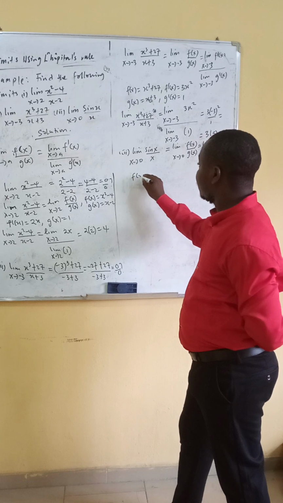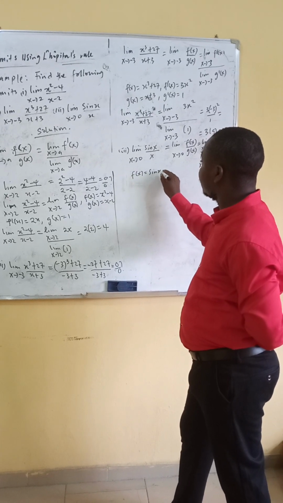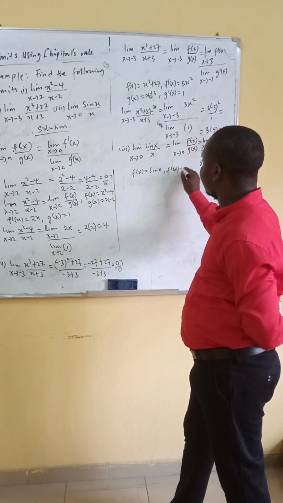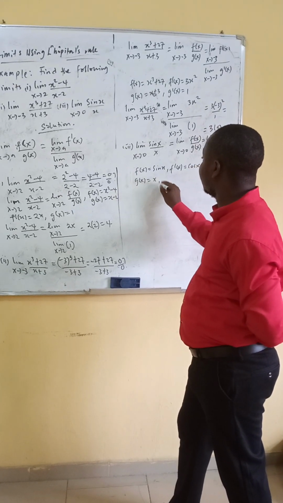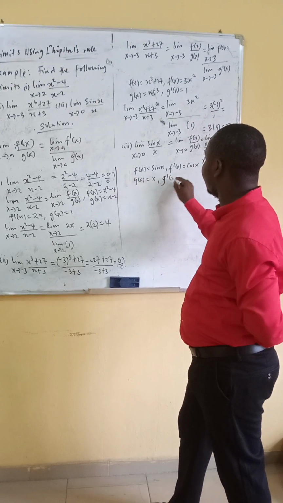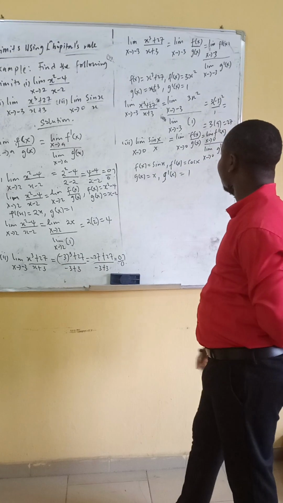Now f of x here is equal to sin x, and f prime of x is equal to cos x, g of x is equal to x, and g prime of x is equal to 1.